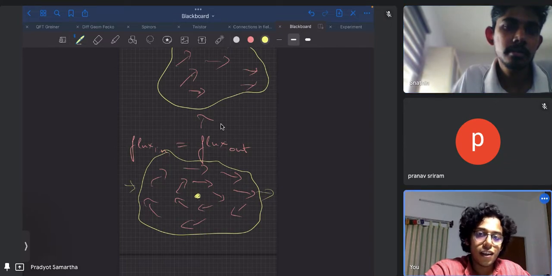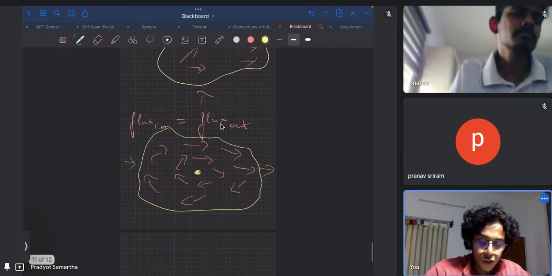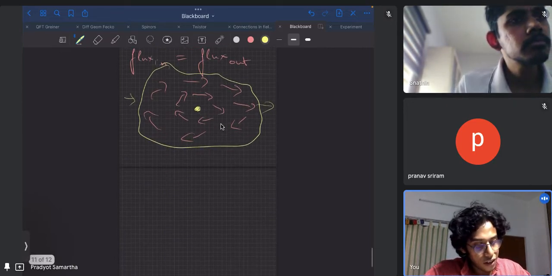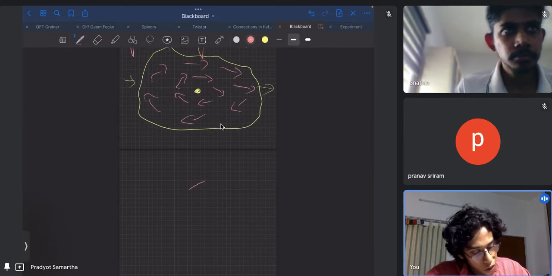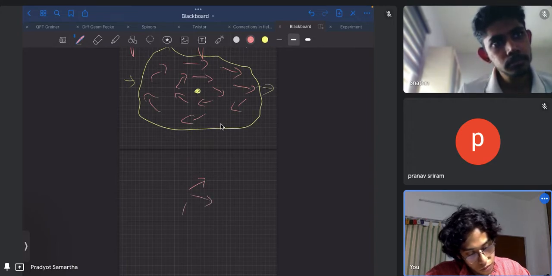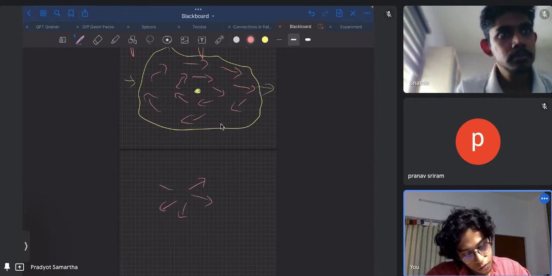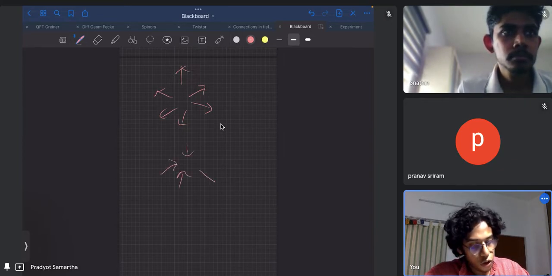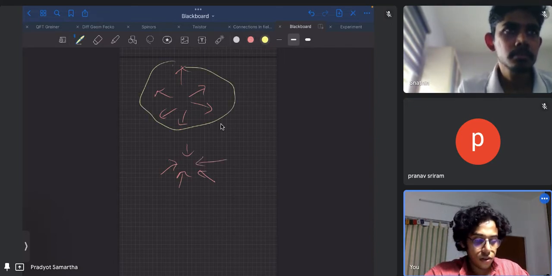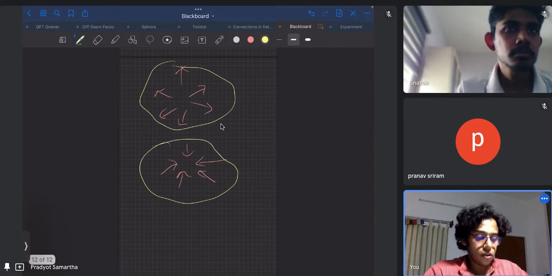Suppose you have vectors that are coming out like this, or that are only going in. So you have a flux that is only going in or only coming out, to keep it simple.